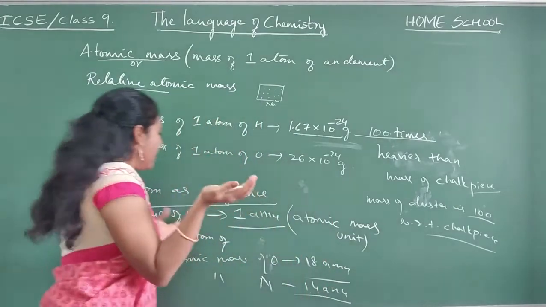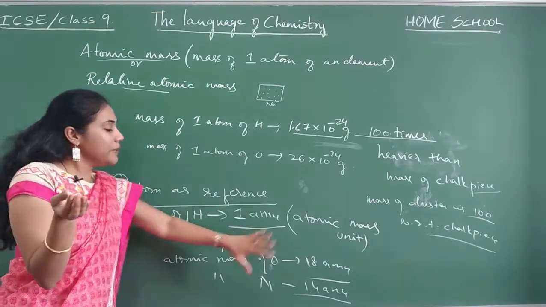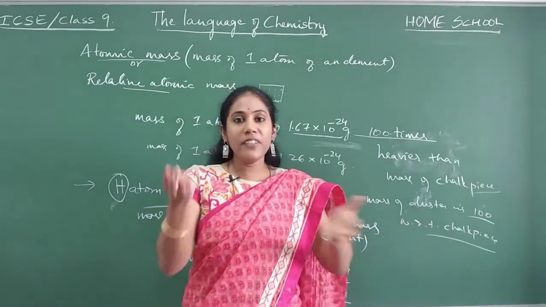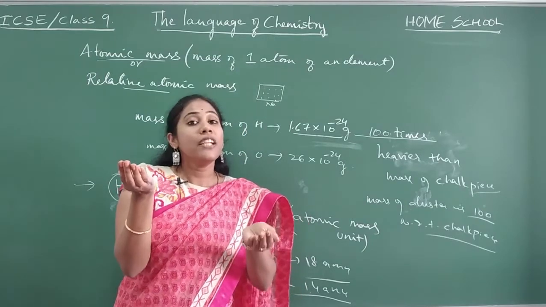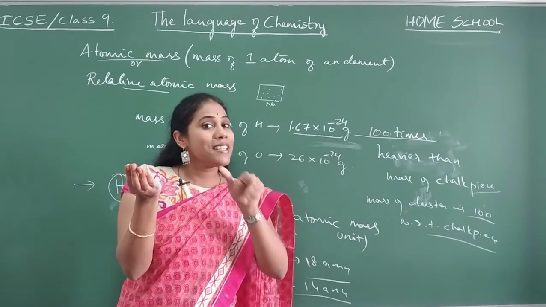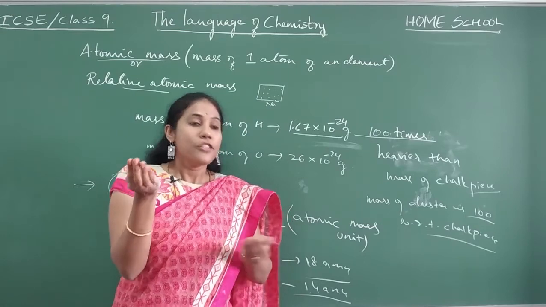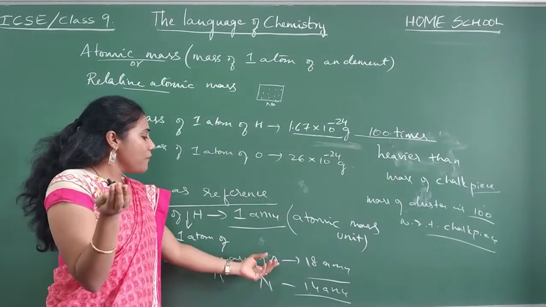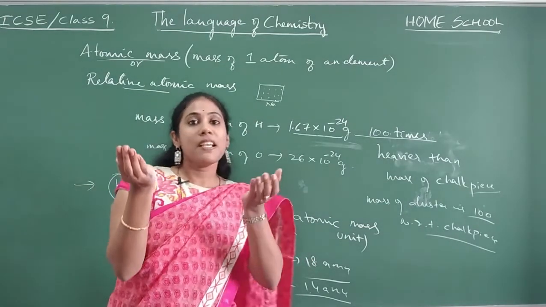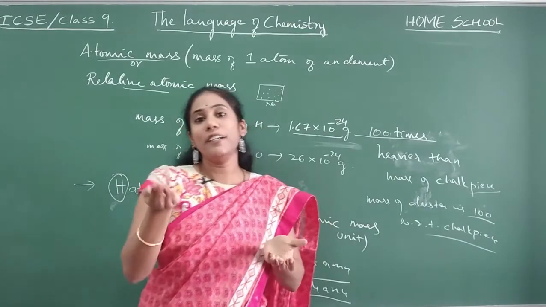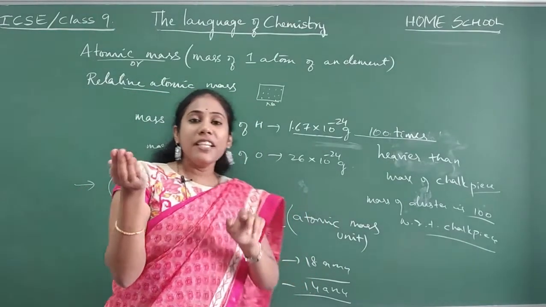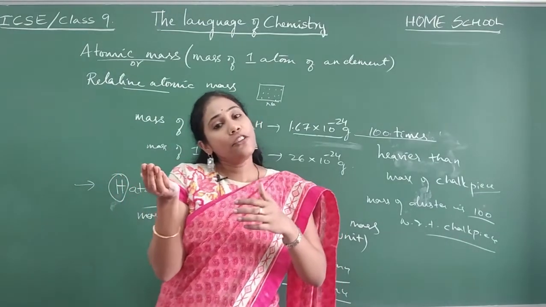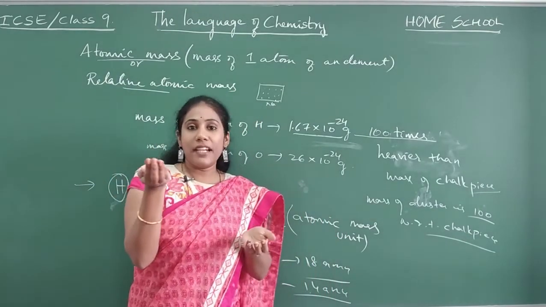We know the mass of one hydrogen atom is fixed at 1 AMU, and with reference to that we talk about other elements' atomic masses. So atomic mass of oxygen 18 means our oxygen atom is 18 times heavier than hydrogen, and if the atomic mass of nitrogen is 14, nitrogen is 14 times heavier than the hydrogen atom.